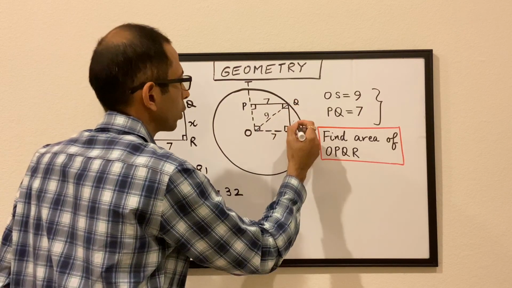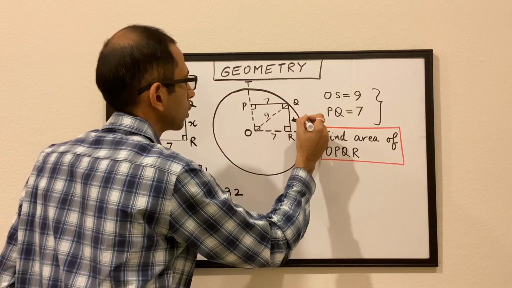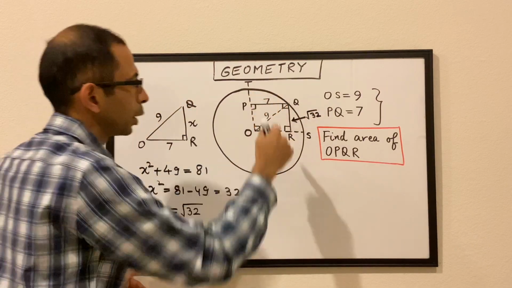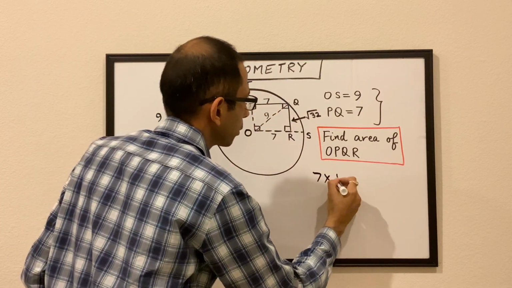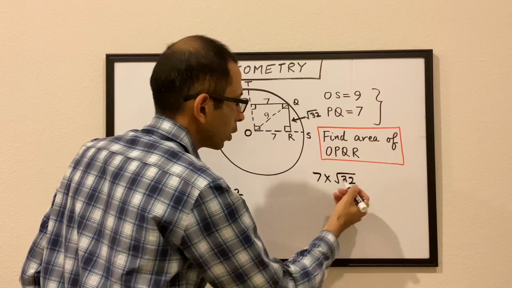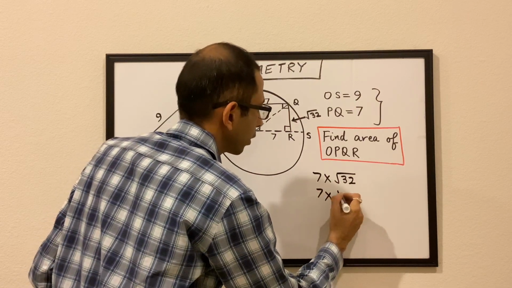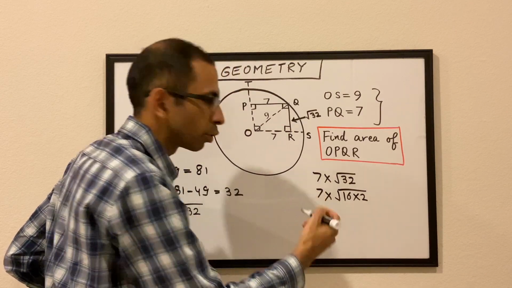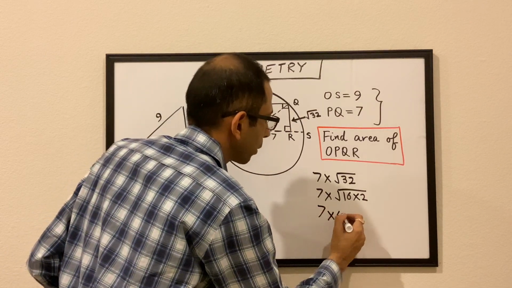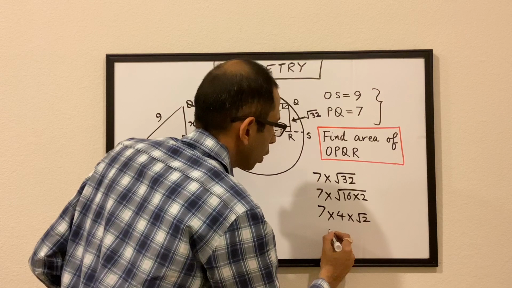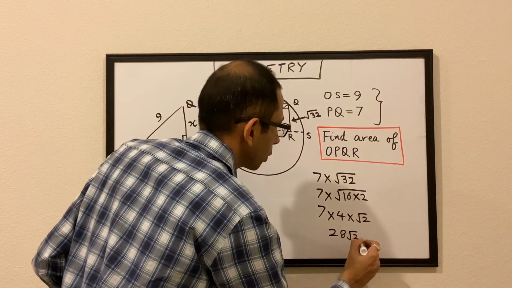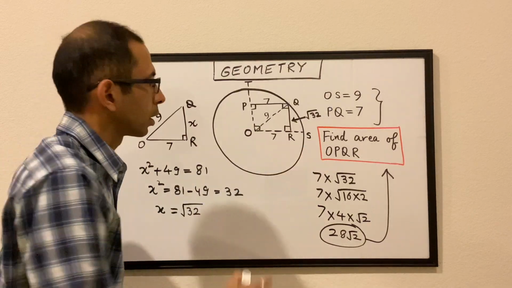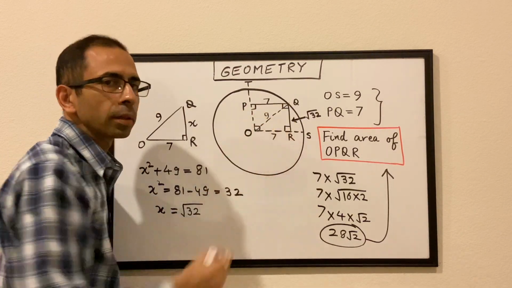So this is square root of 32. Hence the area of OPQR would be 7 times square root of 32. Square root of 32 we can factor as 16 times 2. Square root of 16 comes out as 4. So it becomes 7 times 4 times root 2, or 28 root 2. So 28 root 2 is the area of the rectangle OPQR.